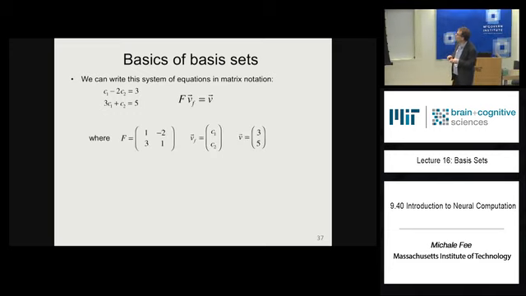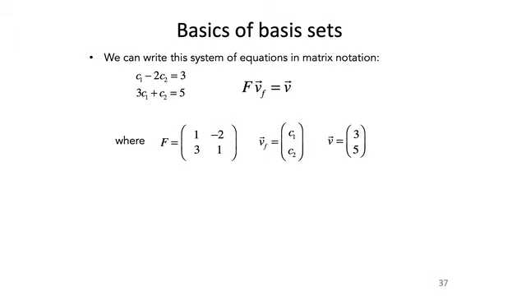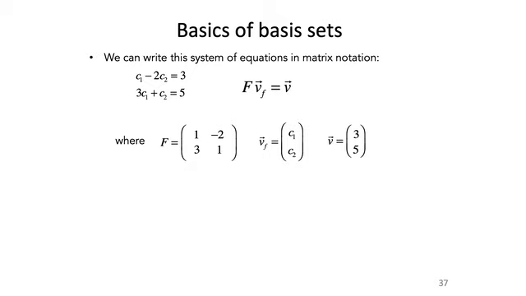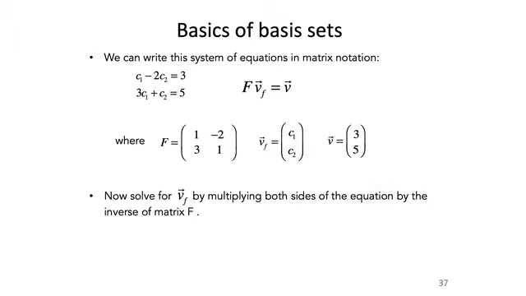So we have this system of equations. We can write this down in the following matrix notation: F times v sub f, where v sub f is just c1, c2, equals v. So there's F, 1, 3, minus 2, 1, those are our two basis vectors, times the vector c1, c2, which is equal to 3, 5.